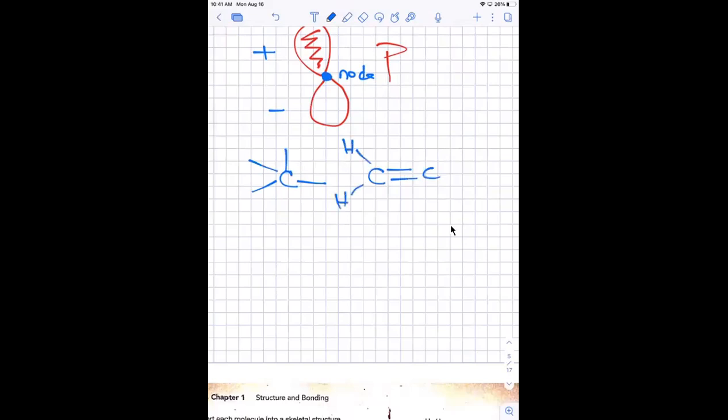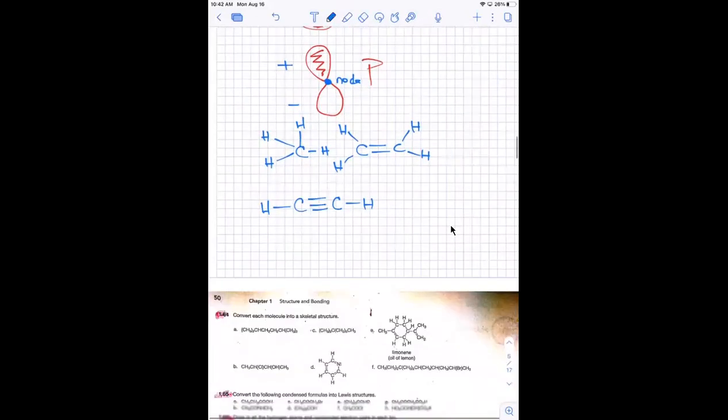I just want to put hydrogens on it. And you have a carbon that looks like this. Fix that. All right. All of these are possible.